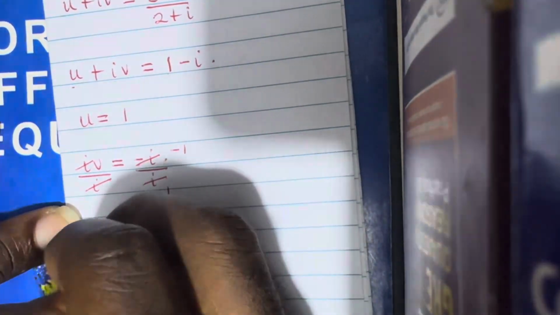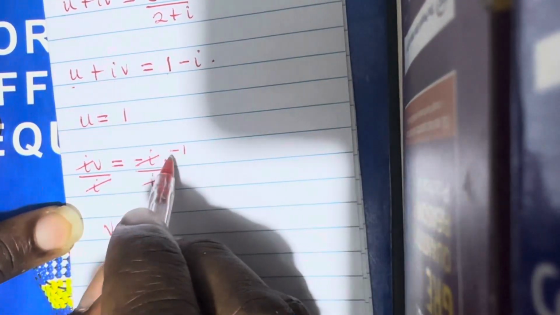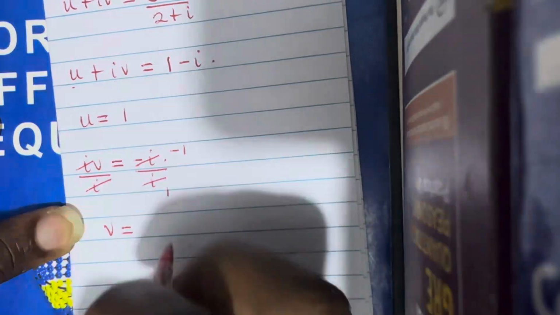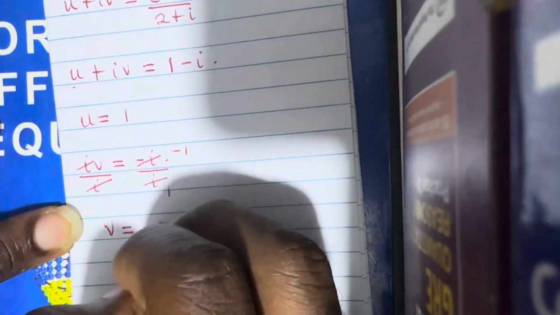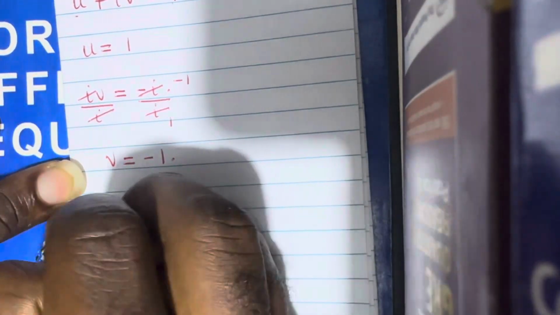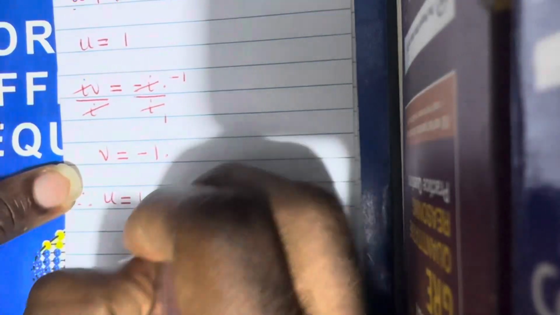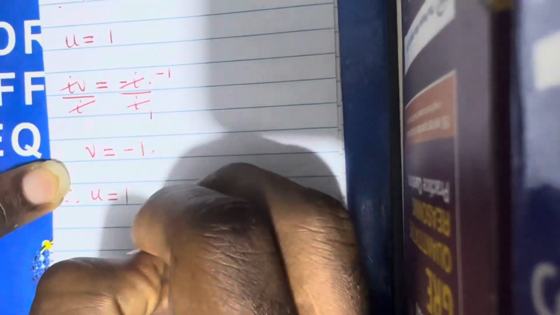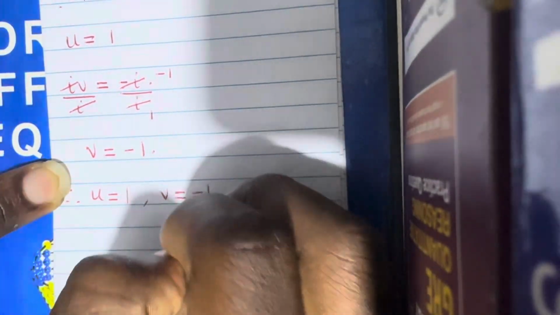So I'm left with v being equal to -1 over 1, which gives me -1. So I conclude that therefore u is equal to 1 and v is equal to -1.